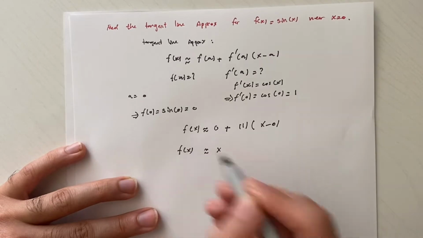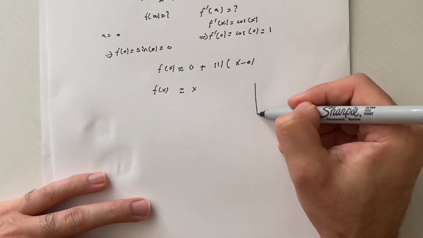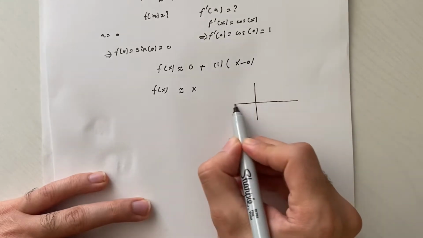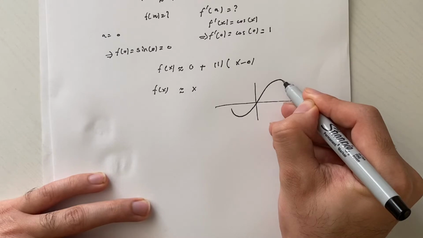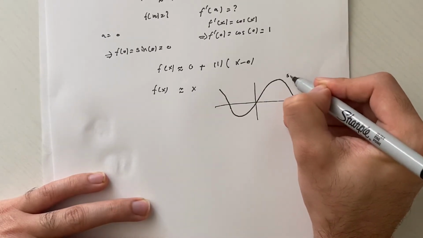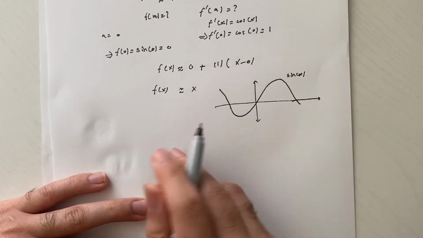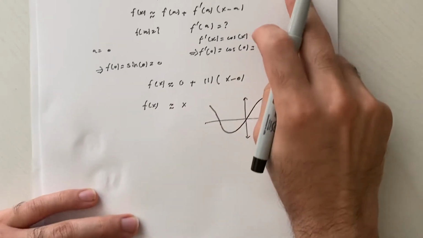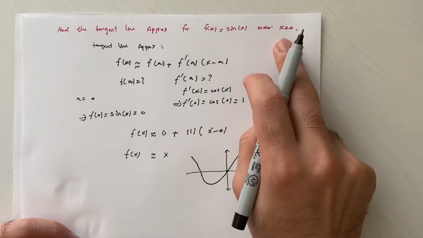So the value of the approximate function is x. So what does that mean? When we graph it, this is the sine function, and we are asking to approximate the function at the point x equal to 0 using the tangent line approximation.